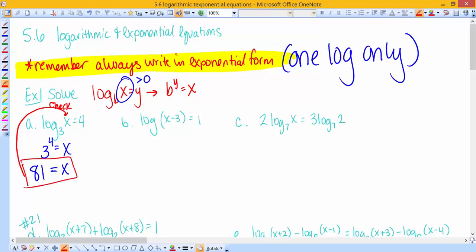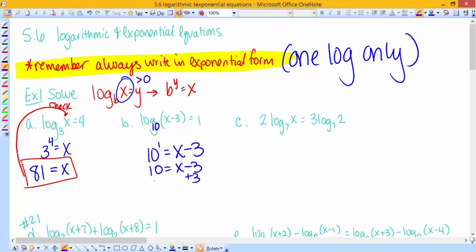Now I'm going to move on to B. 1 log. When I see 1 log, I need to think, I'm going to rewrite this into exponential form. Well, wait a second, what's my base? There's nothing here. We need to remember from the last section that when you don't see a base, your base is 10. So my base is 10, my exponent is 1, and it equals x minus 3. This is just 10 equals x minus 3.